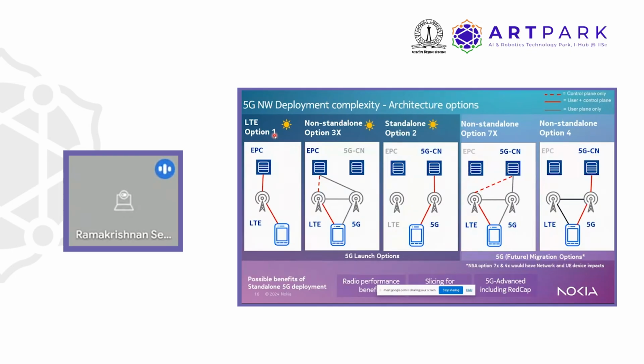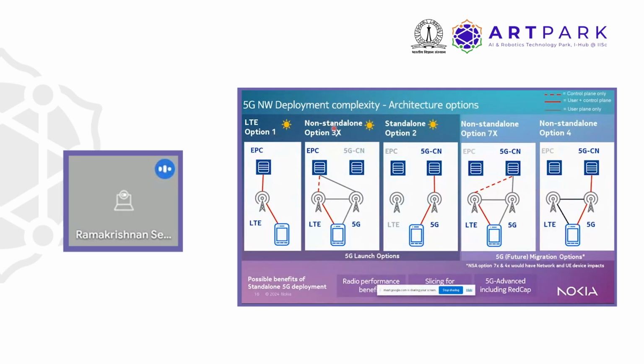Eventually, this started posing problems for the equipment vendors in terms of what options they eventually have to support, because there are so many deviations, and interoperability and all those things need to be tested. Thus, eventually, what was standardized in 3GPP were option 3X and option 2.